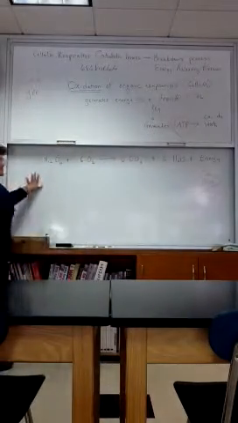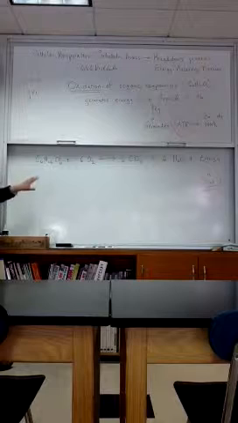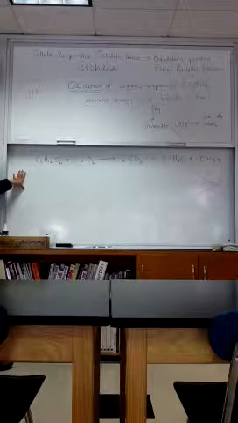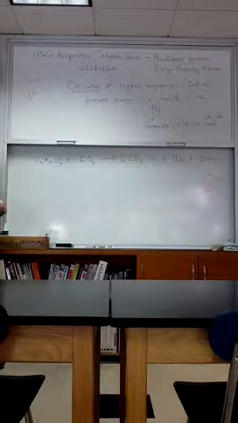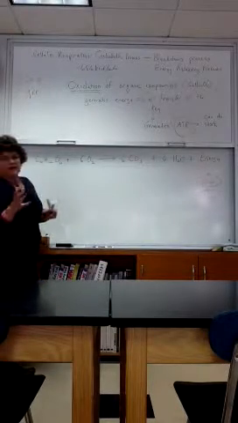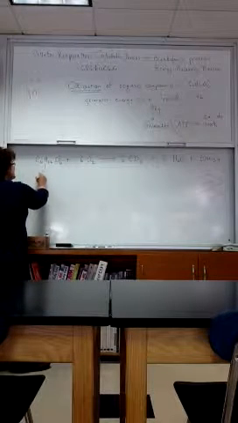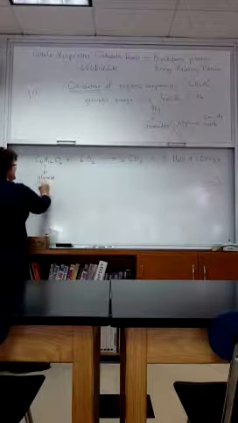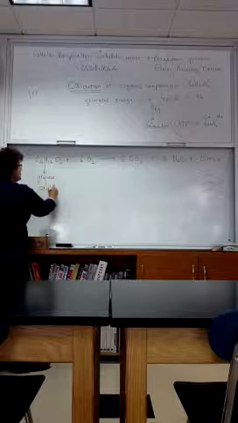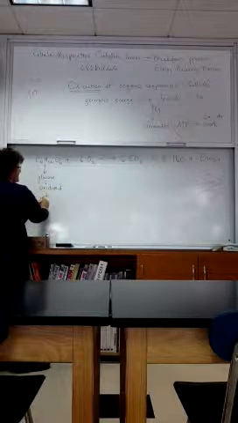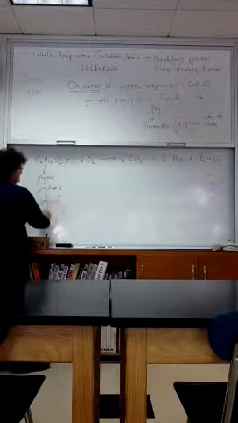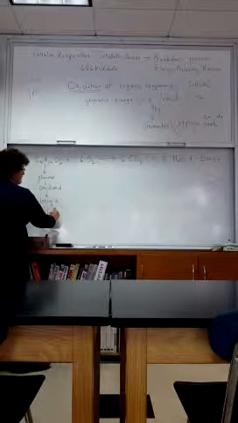Okay, so if we think oxidation and reduction here, which molecules are being oxidized, which molecules being reduced? Well, it's glucose, oxidation of organic molecules. Glucose is being oxidized. It is losing electrons in the form of hydrogen atoms.